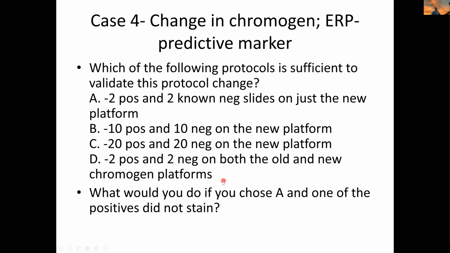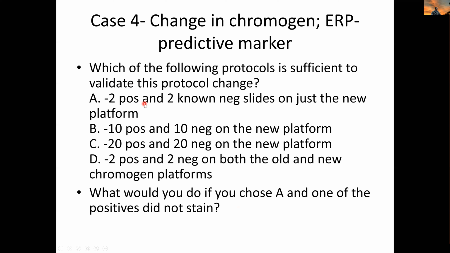but you're not really changing the hormone. You're just changing chromogen here. But what happens if one of the positives doesn't stain? Well, then in that situation, you're going to have to go on and do more in order to hit your standard idea, or you're going to have to troubleshoot it and figure out why one of those didn't stain.